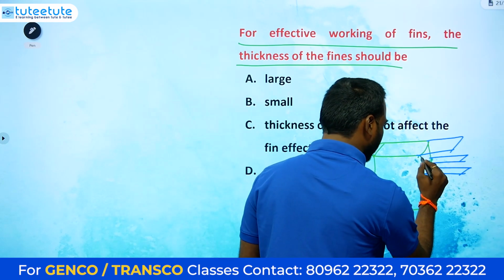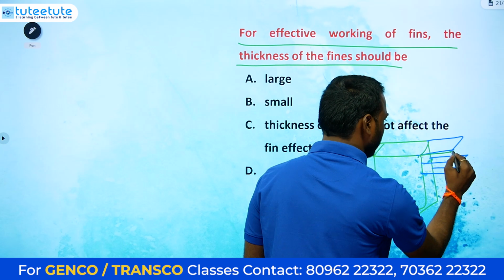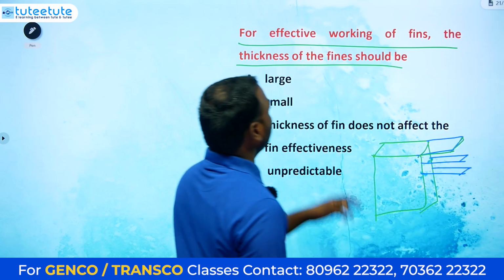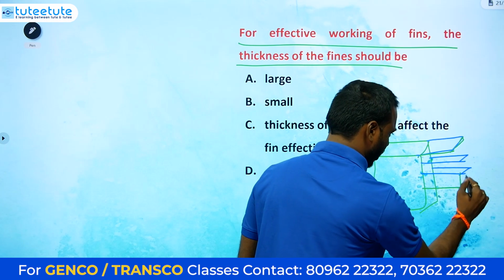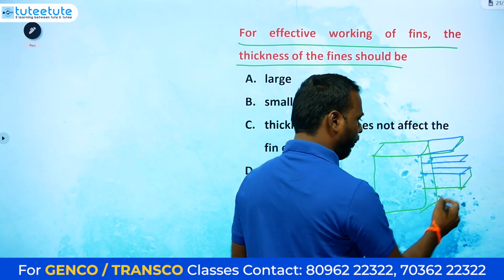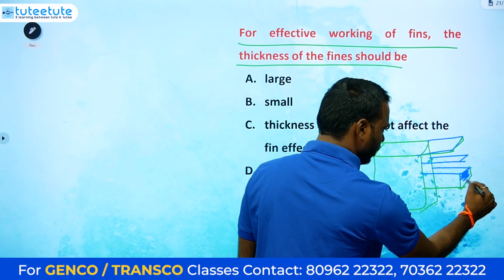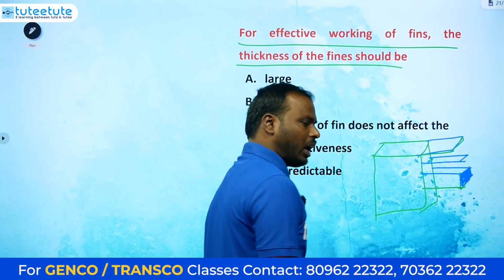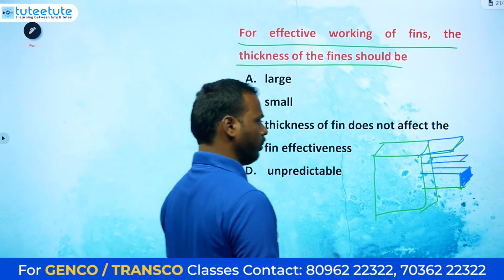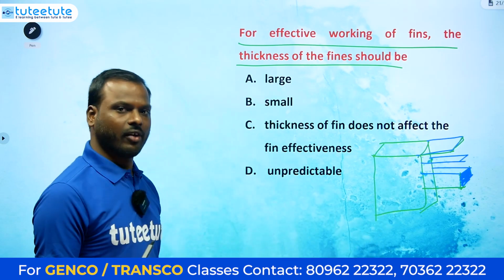Because if we take a very large thickness like this, then what happened? This area will be increasing. What happened if the area is increasing at the same time? What is the area of the convective?